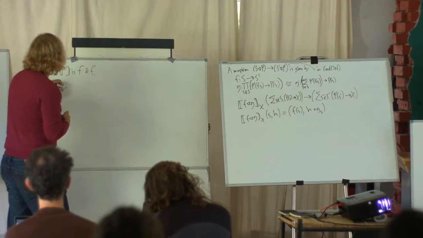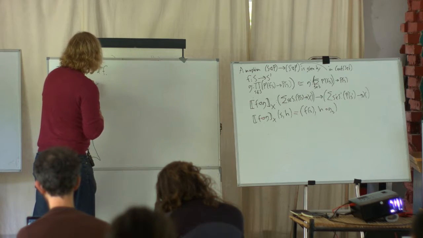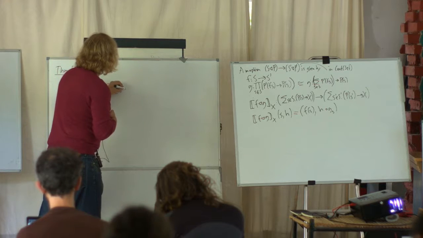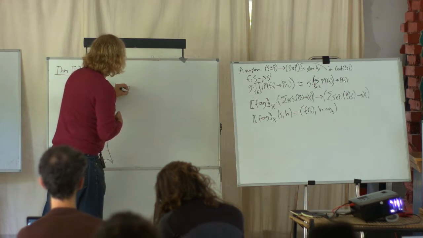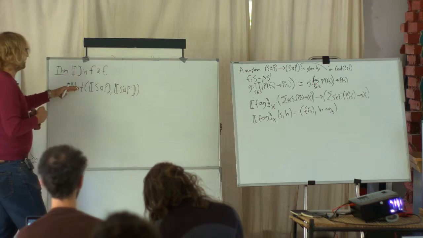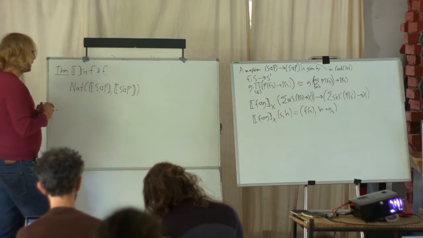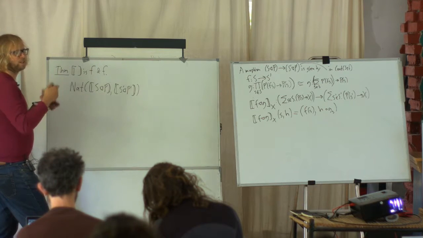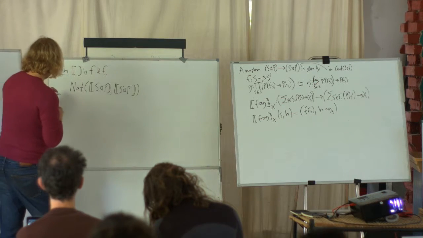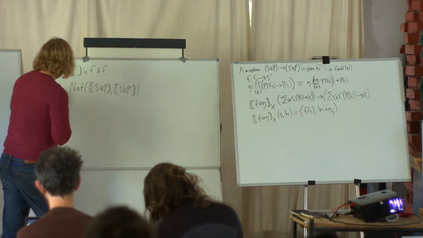So I want that the natural transformations between interpretation S P and interpretation S prime P prime should be the same thing as container morphisms from here to here. And Yoneda is going to be the thing that gets us there. Okay, so let's expand what this means.